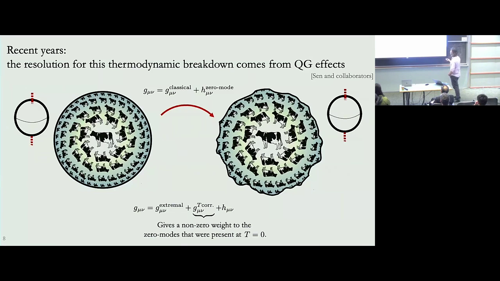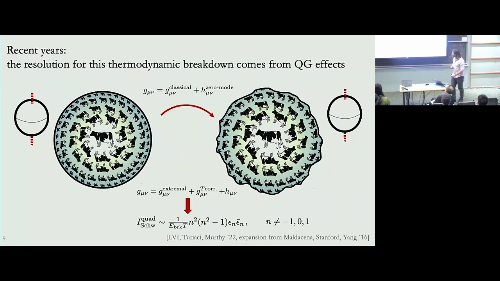And what turns out to happen is that this correction of the metric gives a non-zero weight to the 0 modes that were present at 0 temperature. So now we have, at low temperature, a very strongly coupled set of modes. And these modes turn out to be precisely the modes that people study in 2-dimensional toy models, namely in JT gravity. But you could actually see it without ever doing the computation in 2 dimensions.